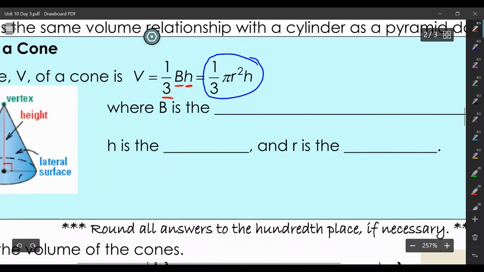You could, though, still use the fact that B is the area of the base. H is the height. And R is the radius.